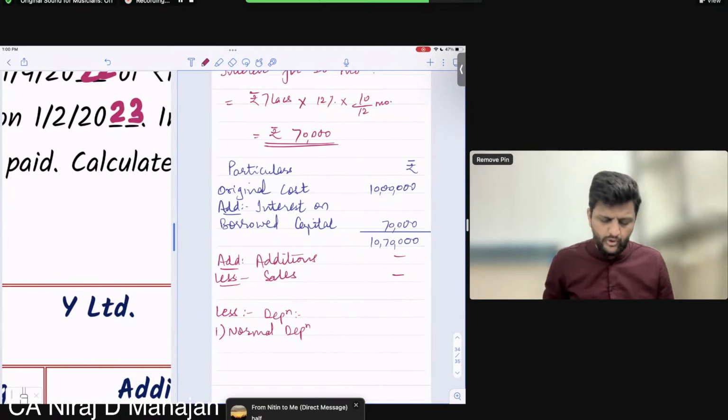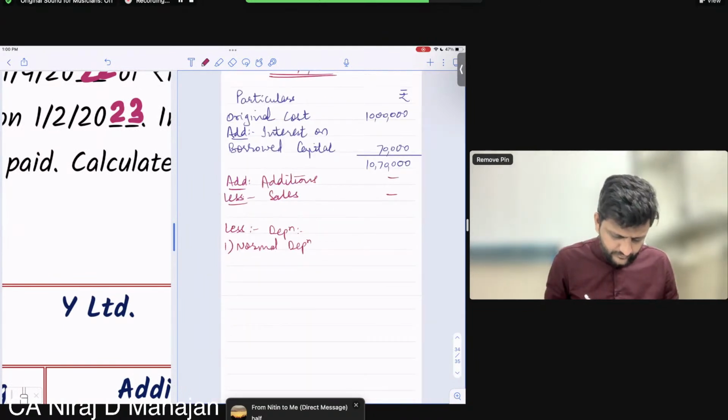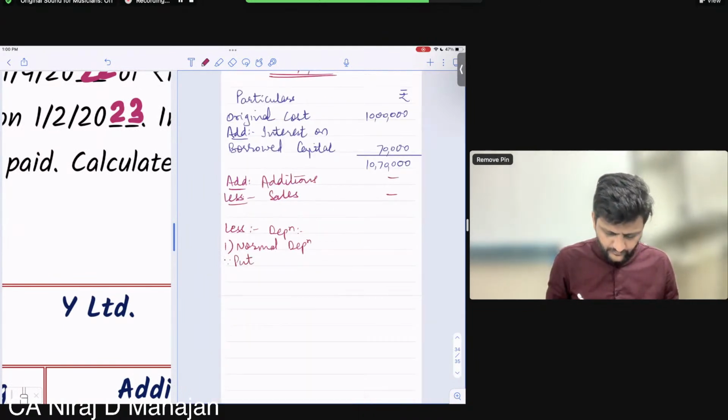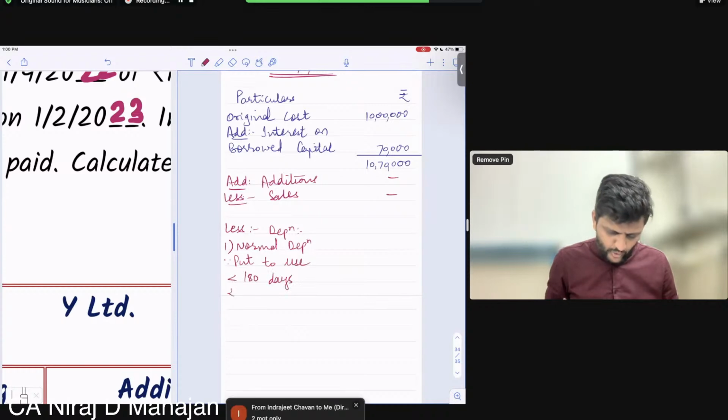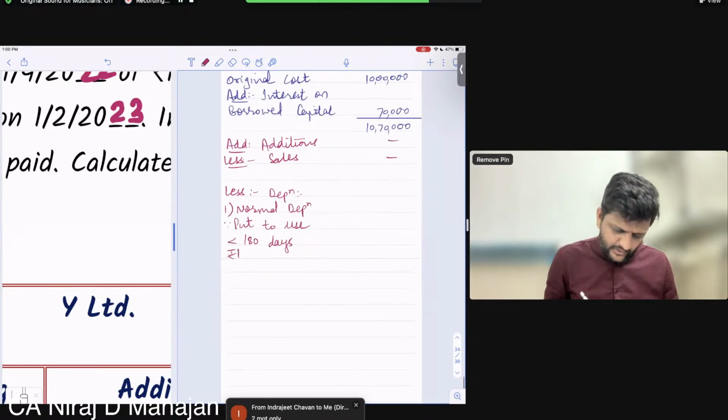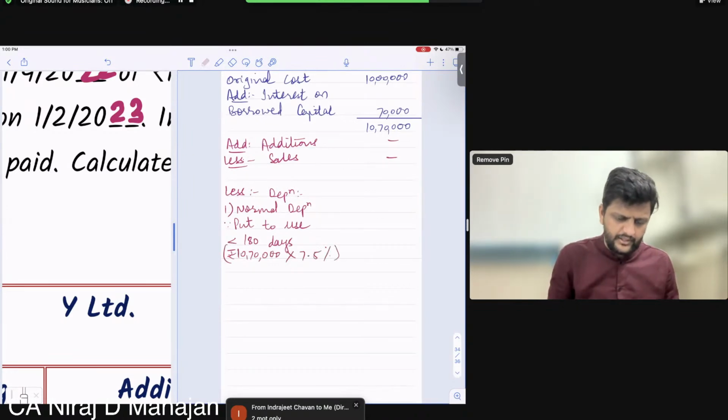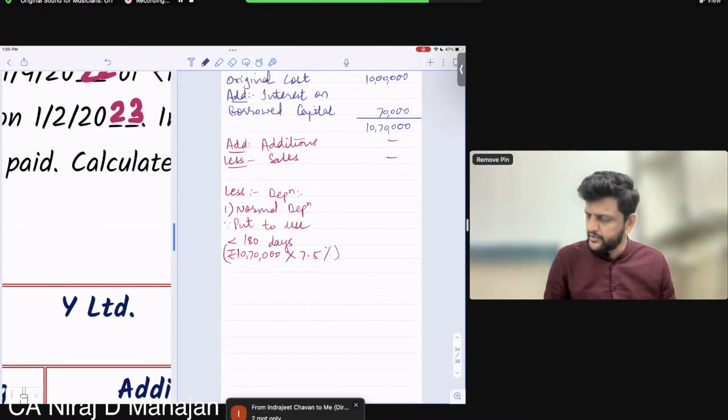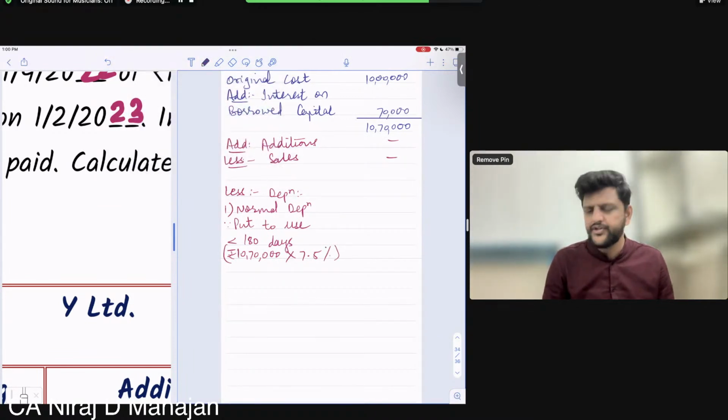Put to use is 1st Feb. Therefore, rupees 10 lakh 70,000 into 7.5%. Is it okay, all of you? That comes to 80,250 something. Is it right?